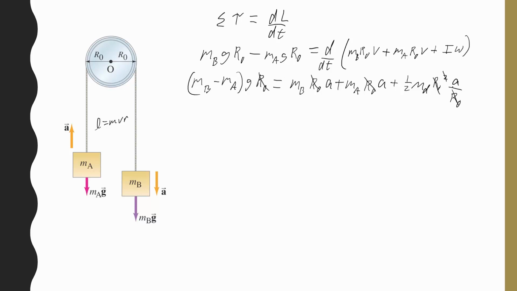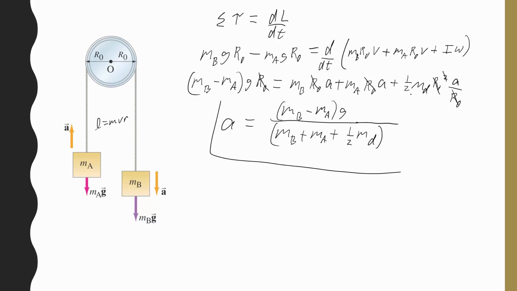If we're going to solve this for a, we just factor the a out of every term and divide, and we'll end up with the exact same expression that we had before, where we have the difference in the gravitational forces all over the total mass, except the mass of the disk once again only counts as half. So I don't know that that's really any easier than the way we did it before, but it's definitely a different approach and gets us there all the same.